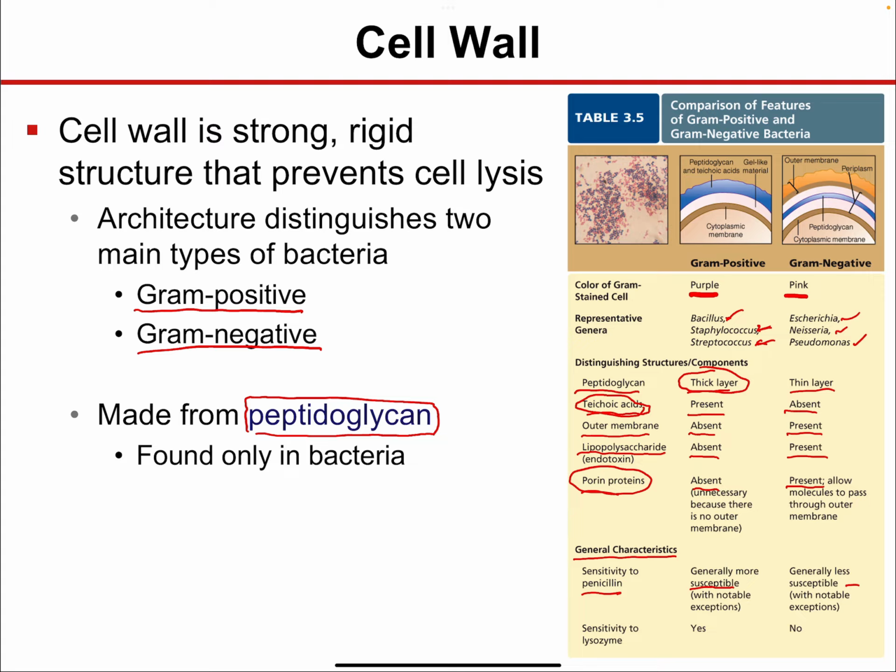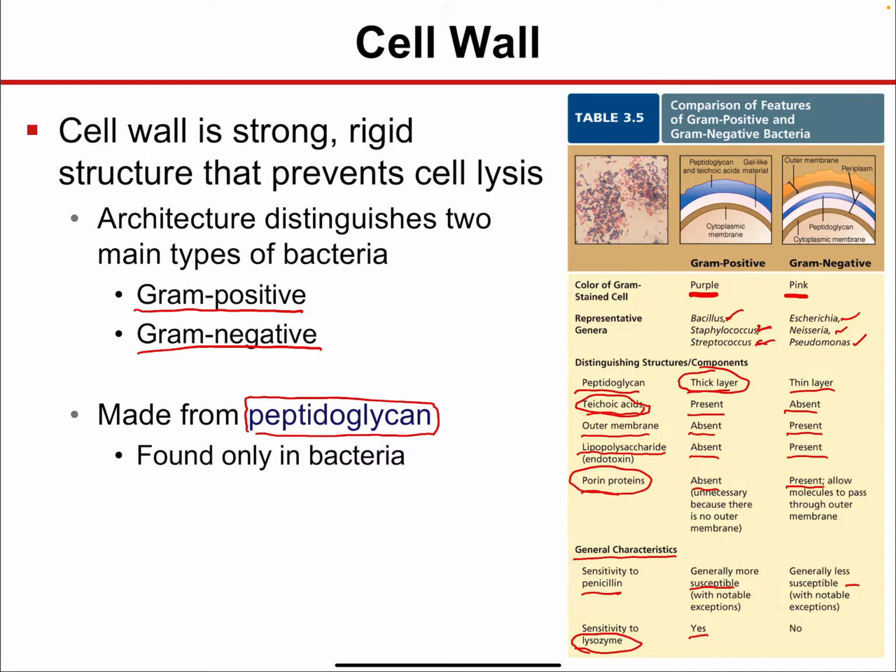Another thing that we can say is that the gram-positive overall are going to be sensitive to an enzyme that is found in our tears and saliva. That enzyme is called lysozyme.